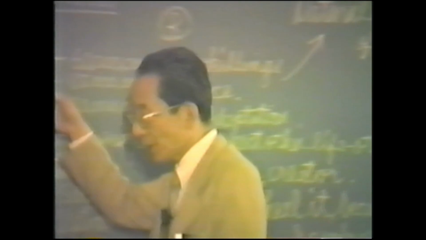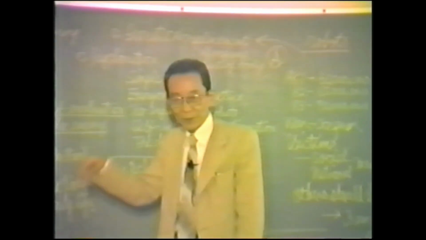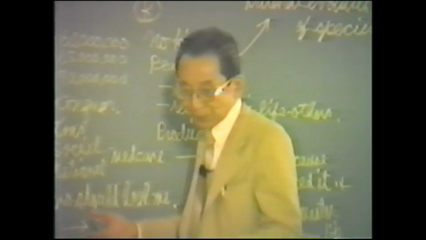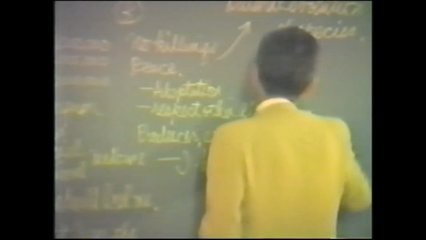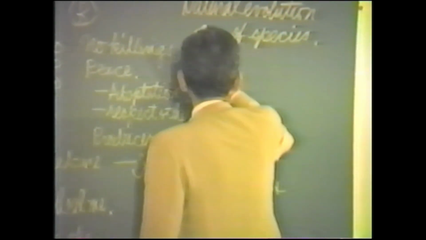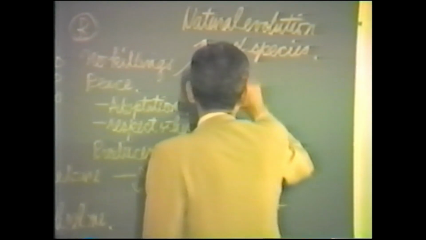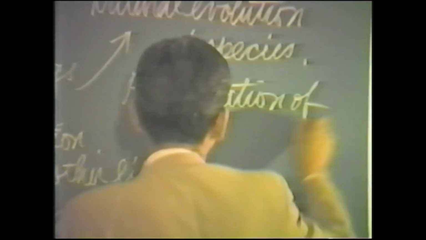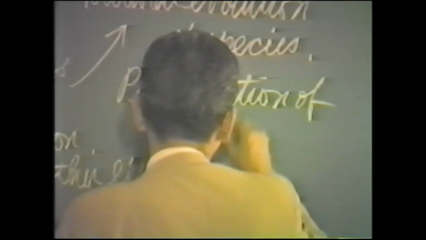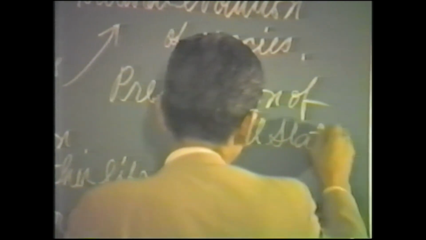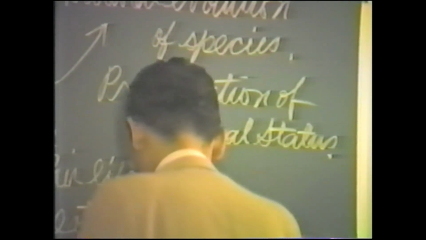This other way is artificial extinction of natural species and artificial production of artificialized species. This is natural evolution of species and natural preservation of natural status, natural quality, you may say.